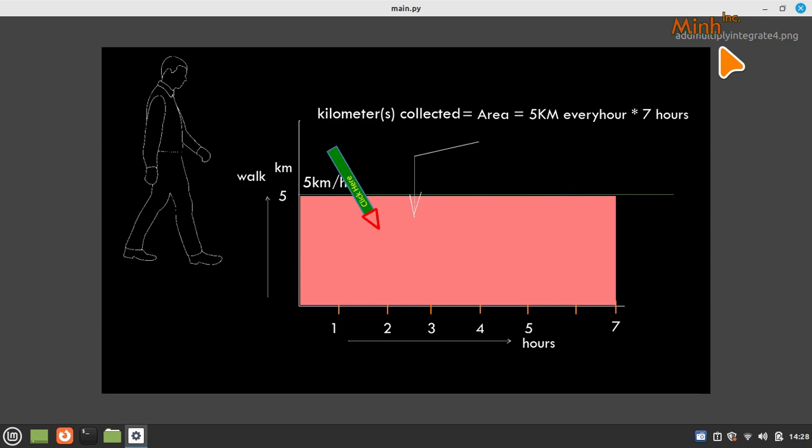So we can say 5 plus 5 plus 5, 7 times, or 5 into 7, whatever comes to mind. This is sometimes referred to as speed also. 5 kilometers per hour is speed. Actually it is 5 kilometers total collected during 1 hour. So that is also called 5 kilometers per hour.